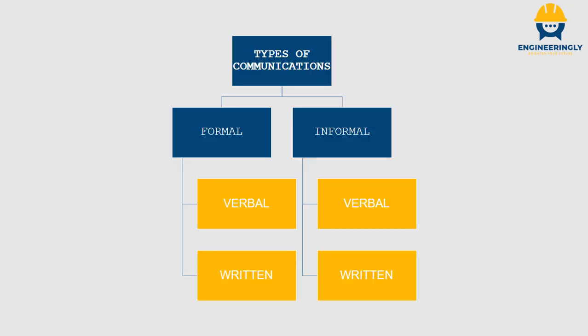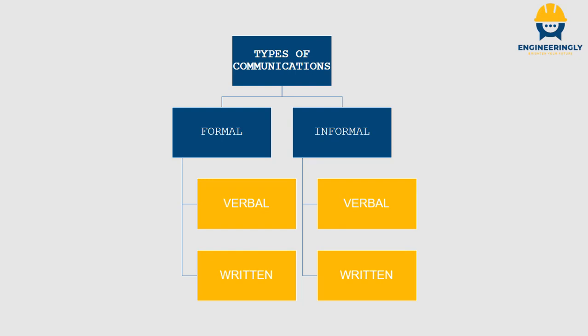There could be different types of communications in a project. First, there is formal communication and informal communication. You sitting in a meeting is a type of formal communication. Chatting at the lunch table, however, is the informal type of communication. Both formal and informal could be verbal and written. For the formal verbal, meetings are a good example.